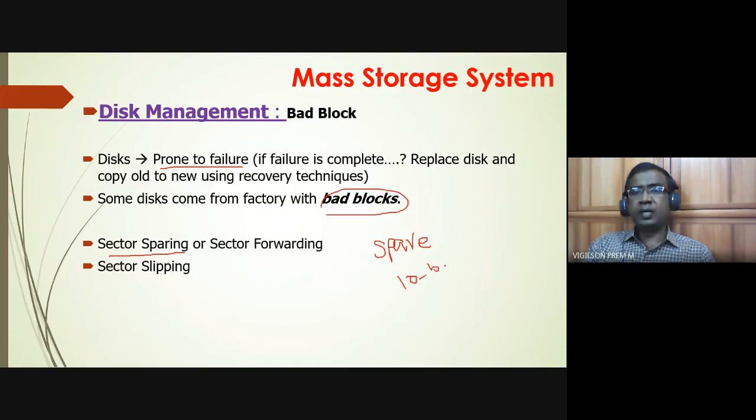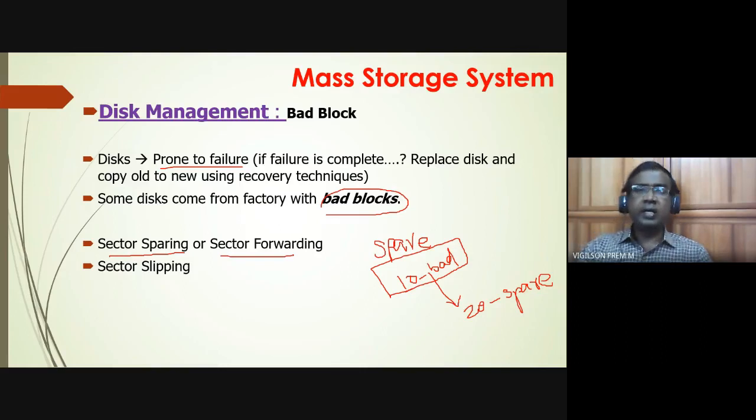The operating system finds that it is a bad block, and for this bad block 10, the operating system uses a spare block, number 20. This is the spare block, so whatever you write on 10 will be forwarded to 20.